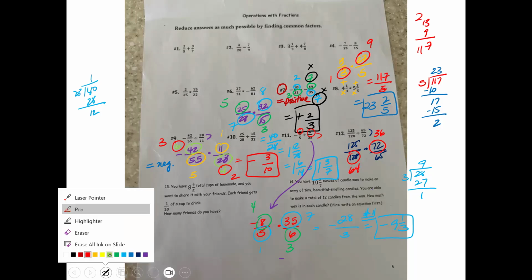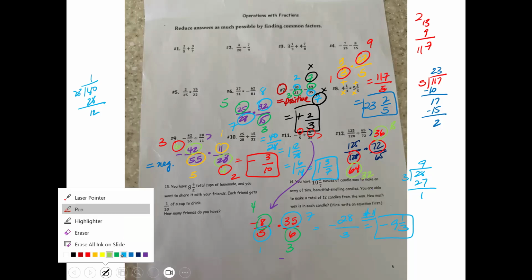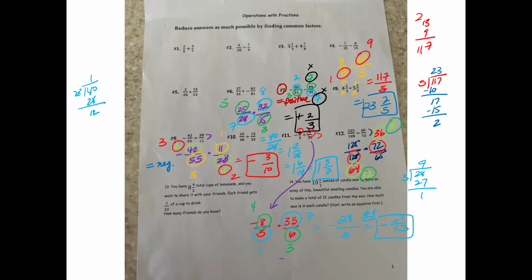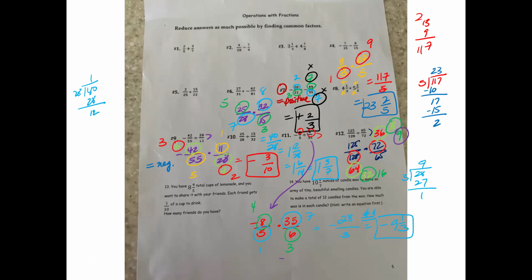They're still even, so you could divide by 2. 36 divided by 2 is 18, 64 is 32. And again, they're still even, so you just keep going, which then becomes a 9 and a 16. Can I divide by 3? No, you cannot. That's just what it is.